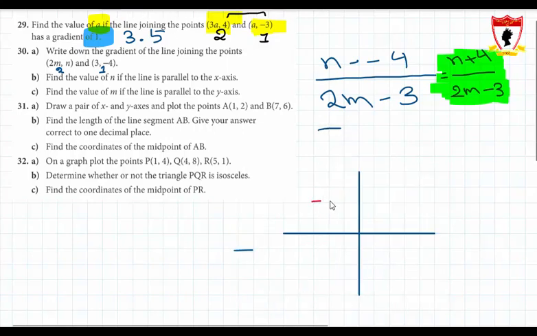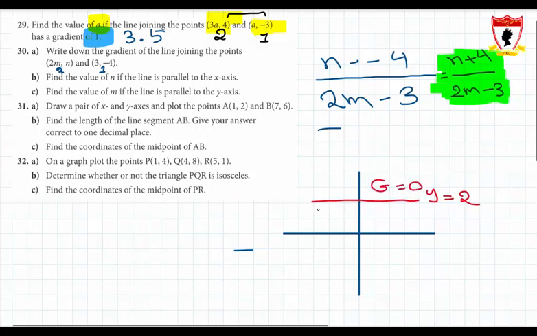This line is parallel to the x-axis, so its equation is y equals 2. Look, y is equal to 2. When this line is parallel to the x-axis, it means the gradient of this red line is 0.